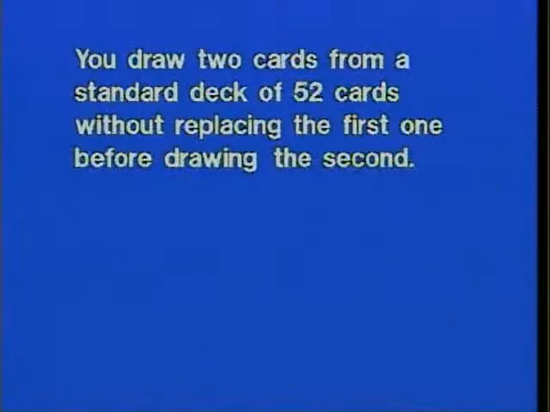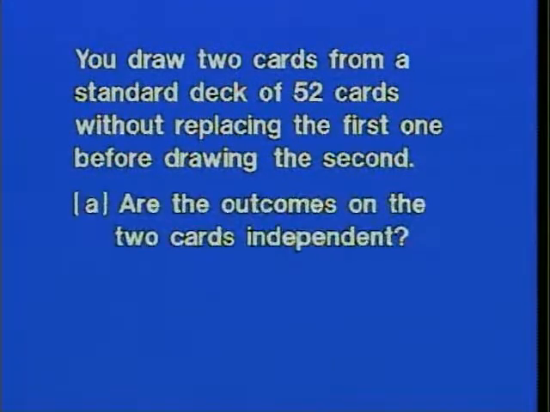You draw 2 cards from a standard deck of 52 cards without replacing the first one before drawing the second. First question is, are the outcomes on the 2 cards independent? Well, we need to meet the definition of independence. The notion of independent events is that the outcome of one event is not dependent upon the outcome of the other.